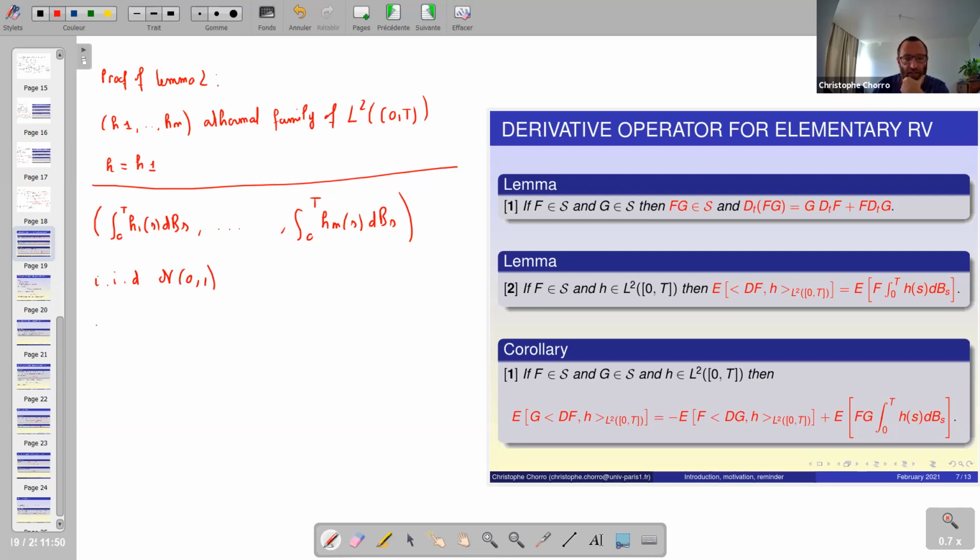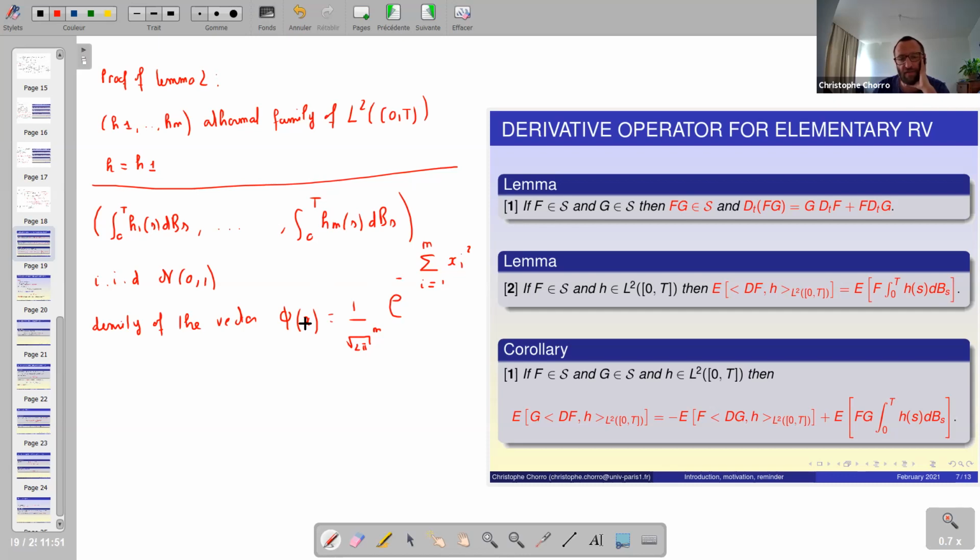So the density of the vector of my n Wiener integrals is just phi of x, that is the product of the densities of each component, that is 1 over the square root of 2 pi to the power n times exponential of minus the sum from i equal to 1 to n of xi squared, over 2.